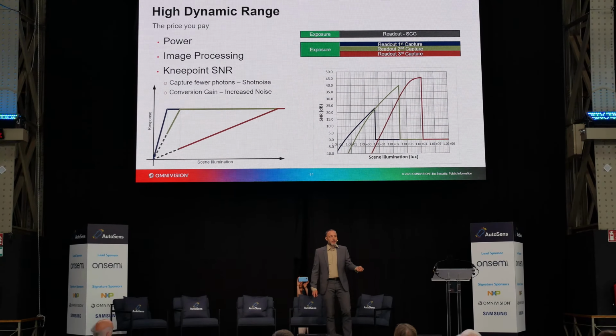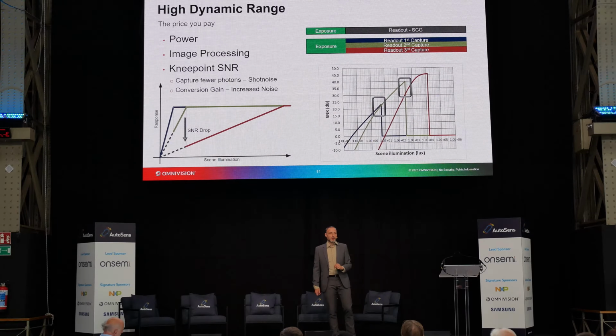And so either you'll get more shot noise or you'll get more read noise, and the SNR will drop. This is an important concept to keep in mind. This is going to come back. So we're taking multiple captures with different responses, and when you change from one capture to the other, the SNR will drop.